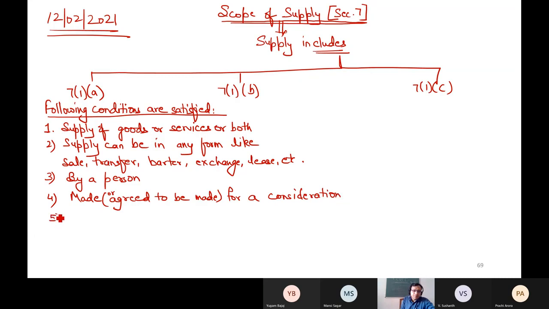Fifth, while performing my business, I'm doing some supply, in the course or furtherance of business.